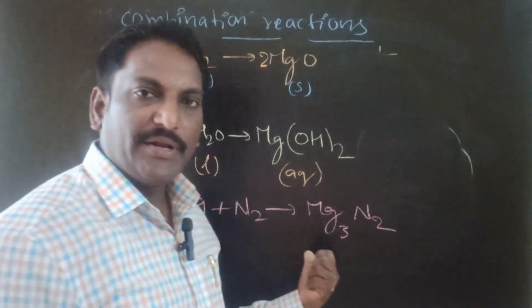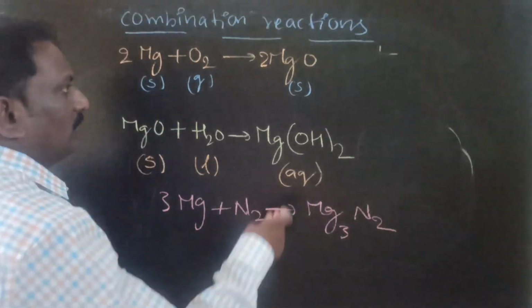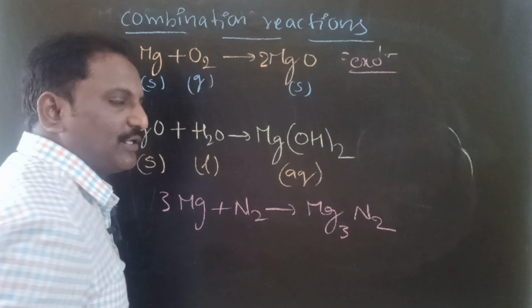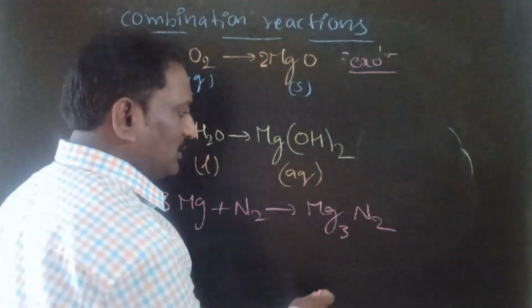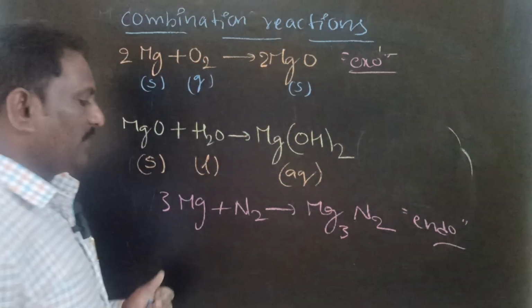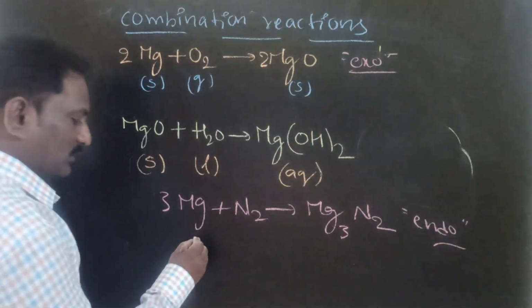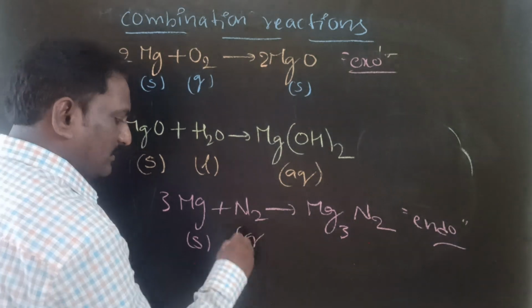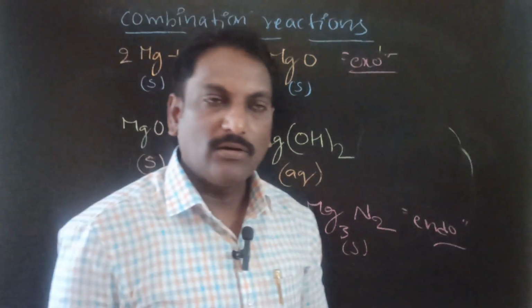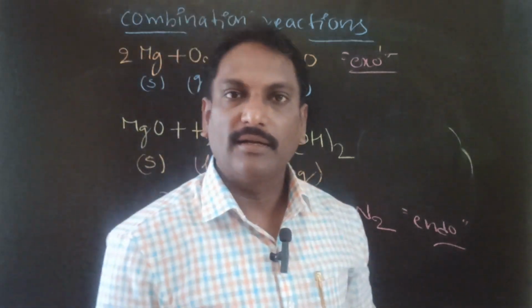So this is also a combination reaction. This is an exothermic reaction. Later on we will discuss what exothermic and endothermic reactions are. This one is an endothermic reaction. Please make a note of it. So these are a few examples of combination reaction.